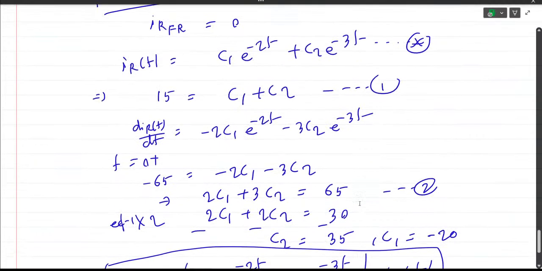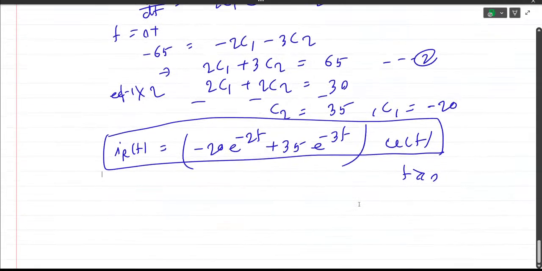Please go through all the parts of transient analysis, so that you will be able to understand the transient part completely.